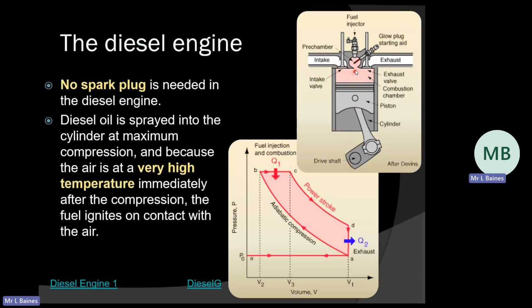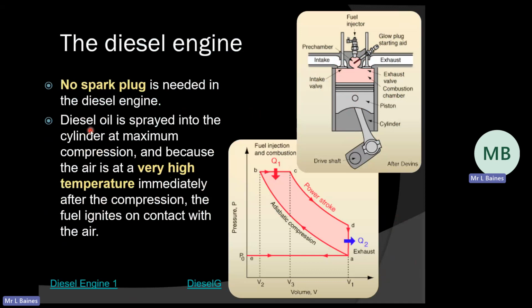Now they get it to much, much higher pressures than we had in a petrol engine. Okay, so we compress it to much, much higher pressures and a much, much smaller volume than we do in a petrol engine. And as a result of that, because it's adiabatic, we end up with very high temperature air within that cylinder.